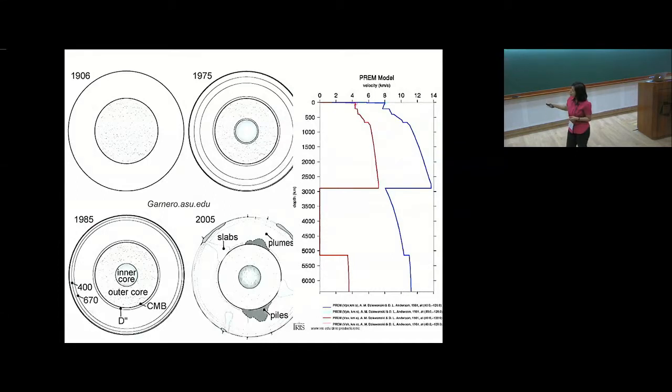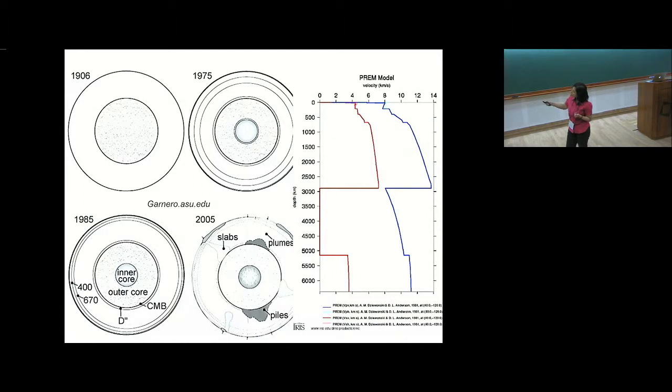You can see there is a big velocity jump at this depth, very close to 3,000 kilometers. This is where the mantle transitions into the core, okay? And again, a little below 5,000, you again have a jump. This is where the outer core transitions to the inner core.